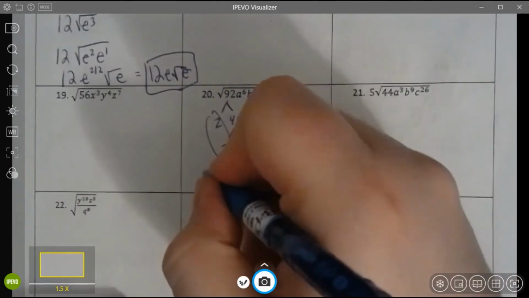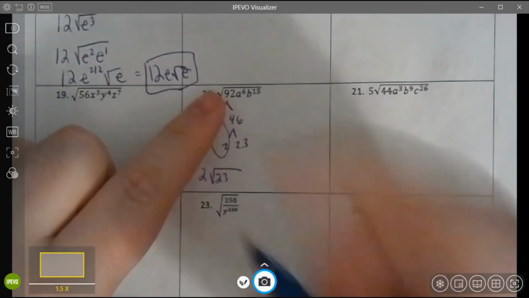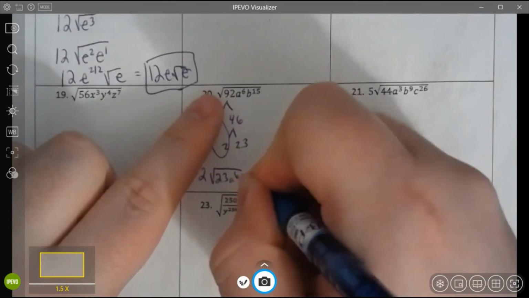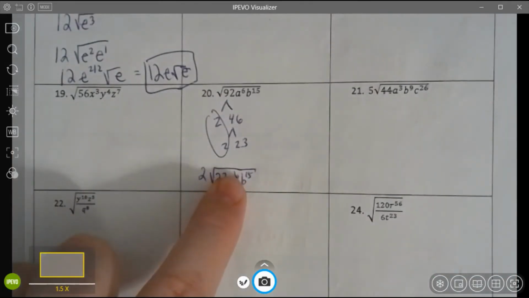So we can say this is 2 square root of 23, but then you have a to the 6, b to the 15. So 6 is even, so that's good. That's divisible by 2, but 15 is not divisible by 2. It's odd.